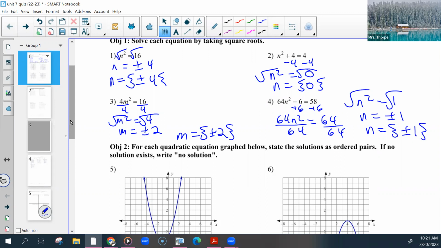So for each problem, doing the work was 1 point and getting the answer was 1 point. Do we have any questions on that section in general?